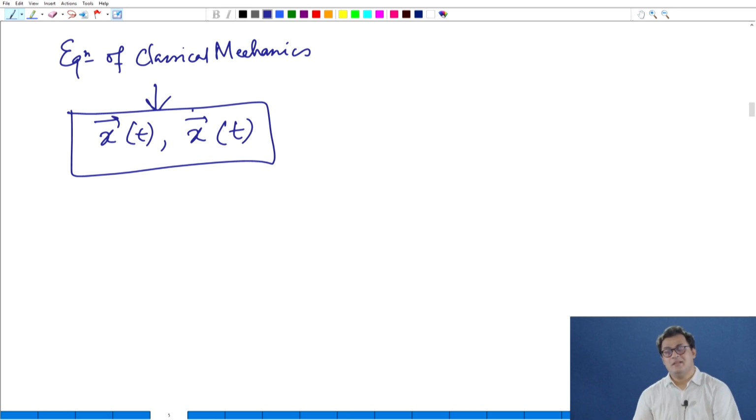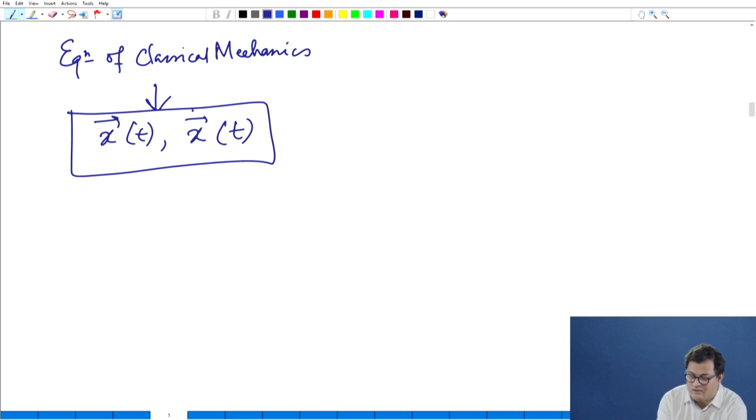The goal is that you know the values of the field variables, here x and x dot, at some given instant, and using that you want to determine their values at some later instant or some earlier instant. So, you have to solve those equations.